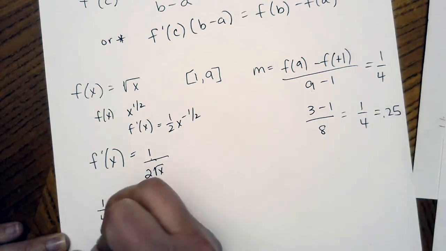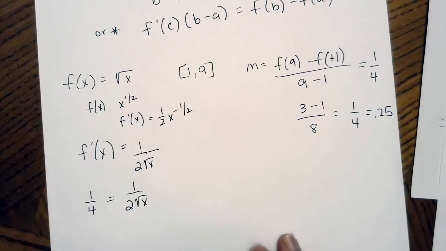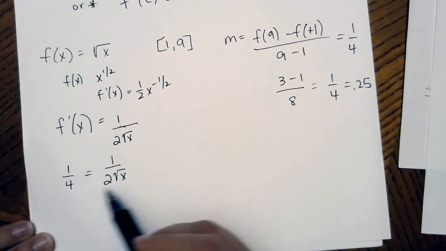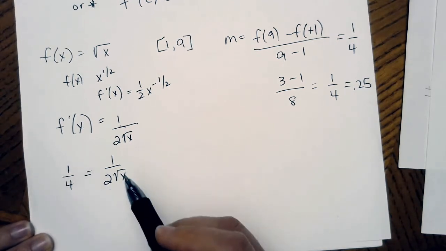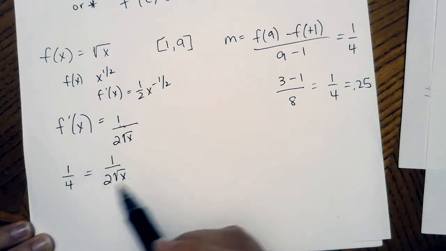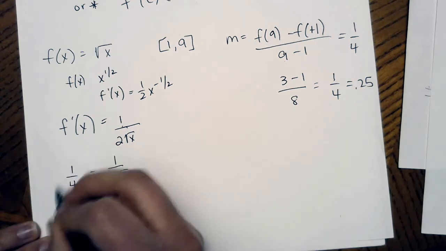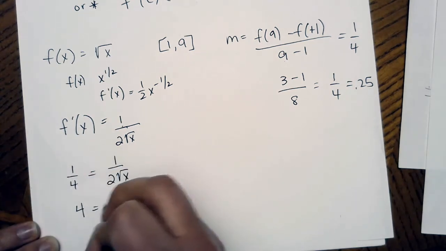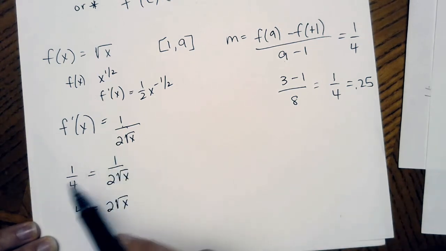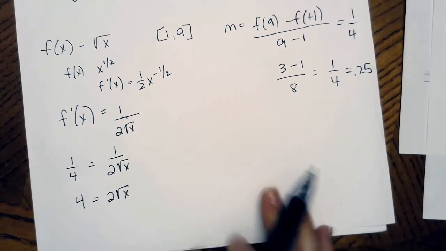So I'm going to set 1/4 equal to 1 over 2 square root of x. In this case, my fraction works for me here because if I have a half equals a half, then when I flip it over, I have 2 equals 2. So basically, the reciprocals will still be equal to each other. I'm just going to flip this equation upside down, both of these. So this would be 4 equals 2 square root of x, because the 1's become the denominator, and we just don't need them anymore.